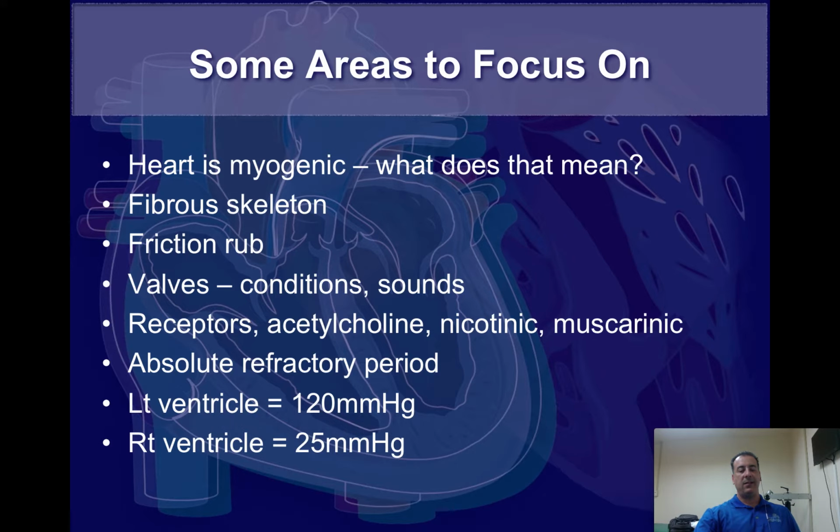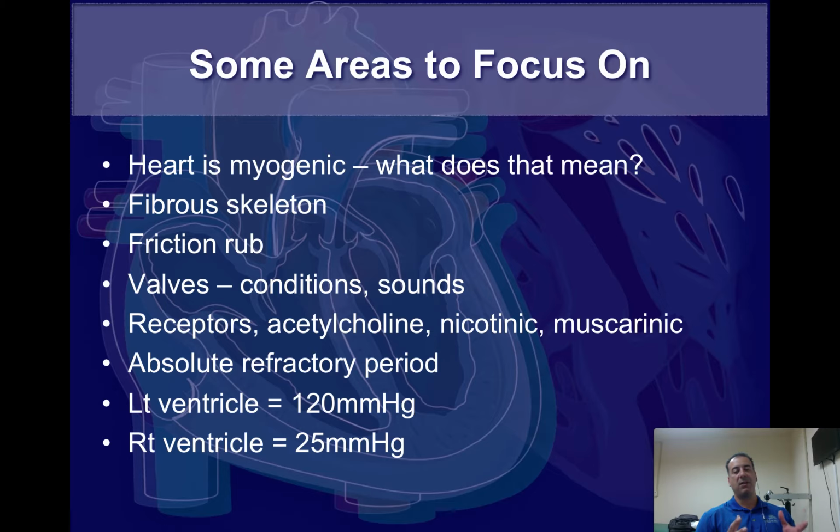And lastly, a little hint, okay, the left ventricle is pressurized at 120 millimeters of mercury, whereas the right ventricle is pressurized at a maximum of 25 millimeters of mercury, meaning it takes 120 millimeters of pressure to get that left ventricle to contract. And why is that number higher? Because the muscle's thicker.